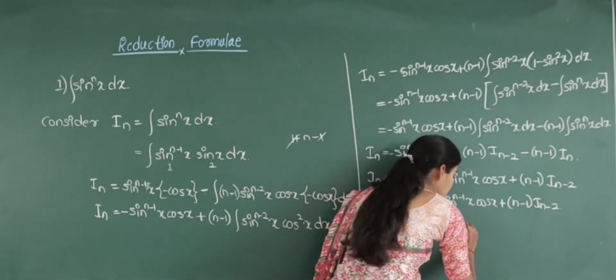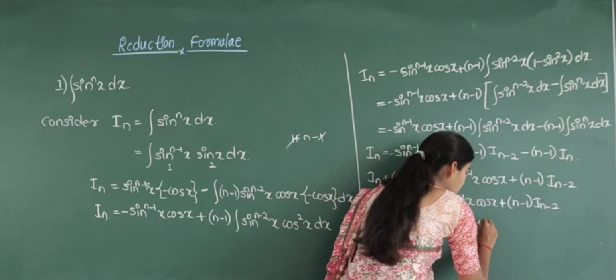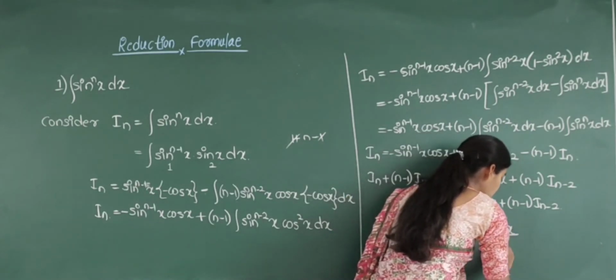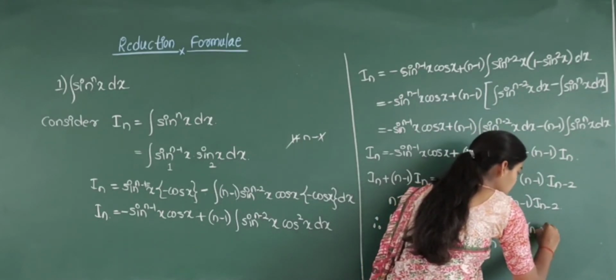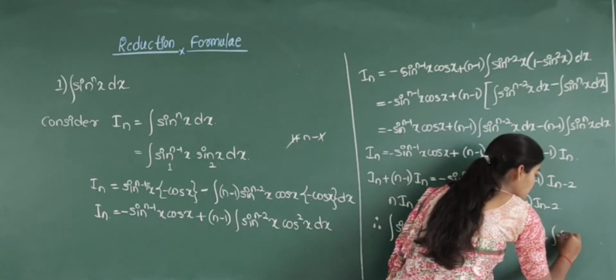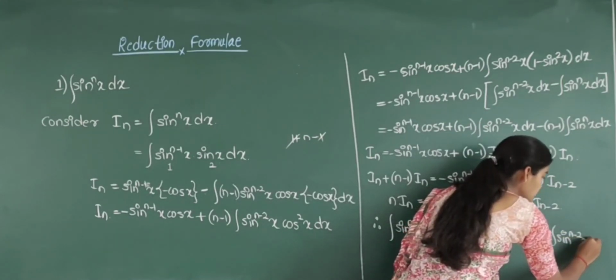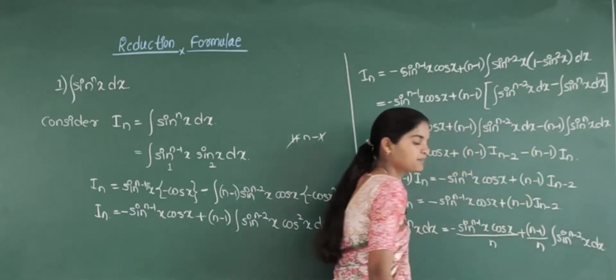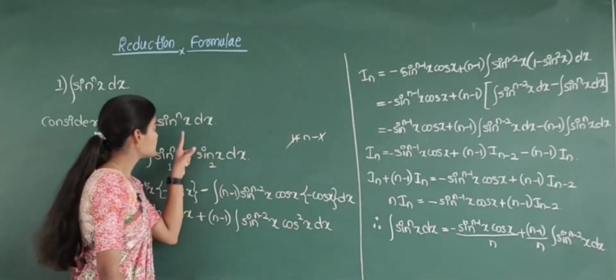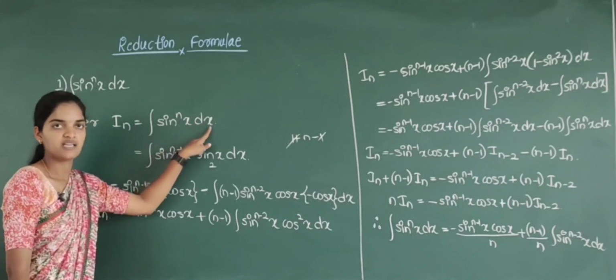So minus sine raised to n minus 1 x into cos x divided by n, plus n minus 1 divided by n into the integration of sine raised to n minus 2 x dx. So this is our required reduction formula of sine raised to nx dx.